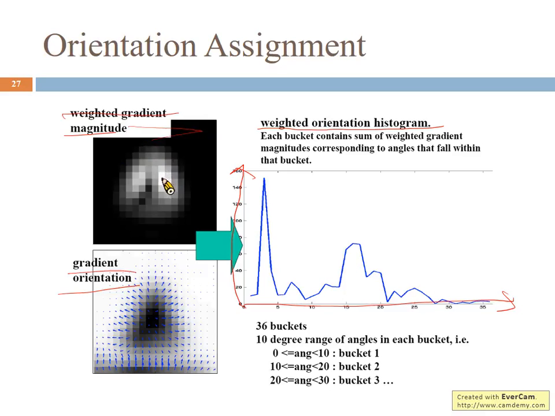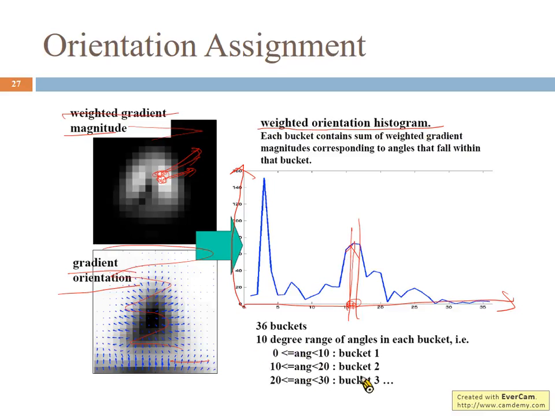Okay, so we just accumulate the weighted gradient magnitude. For example, this direction may be like this, this direction may be like this, and then these two gradient orientations correspond to the same direction. So we may accumulate the weighted strengths together to form the value of this bin. Okay, and finally, by checking all the pixels in this patch, we can construct a weighted orientation histogram.